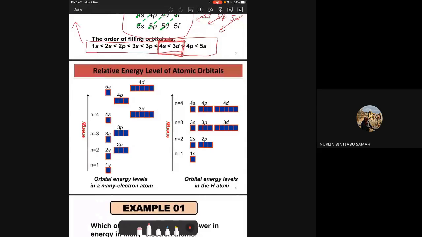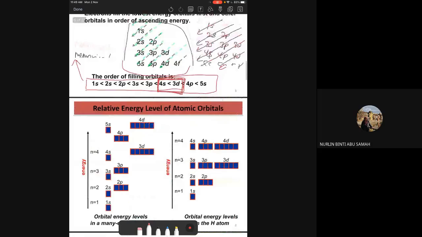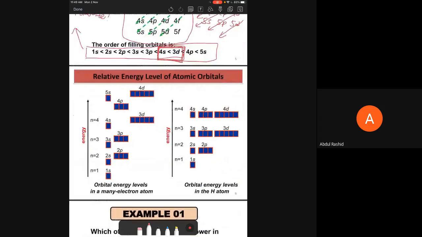Ada soalan? Boleh bagi contoh lain tak selain dari oksigen? Nak contoh lain macam... ya? Ni tengah record ni.